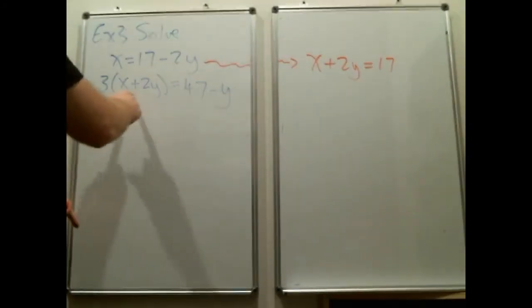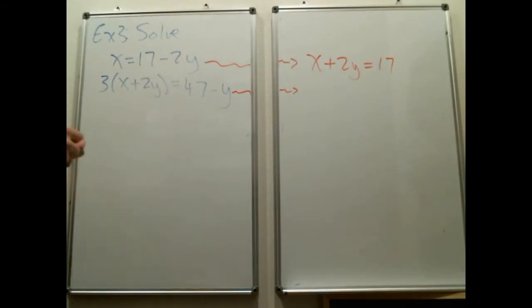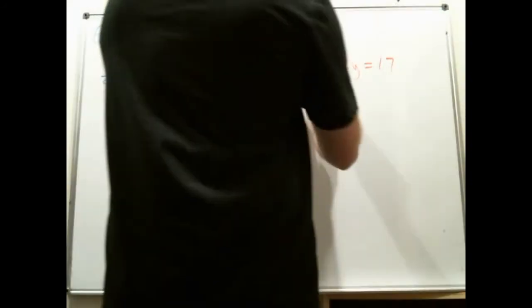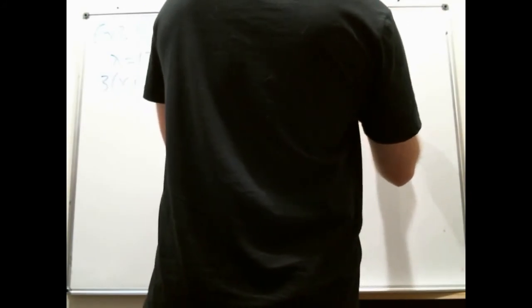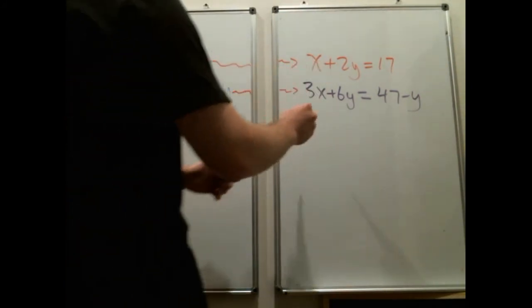And then this second equation takes a little more work. So we need to distribute this 3 in here. Let's do that first. So 3x plus 6y is equal to 47 minus y. Now we need to get all the x's and y's over to the left and make sure they're lined up. So add y to both sides.